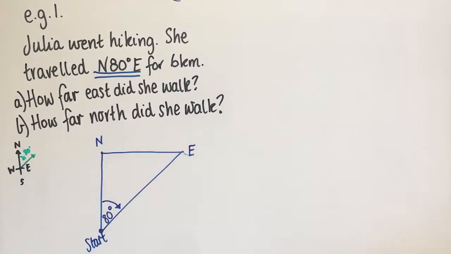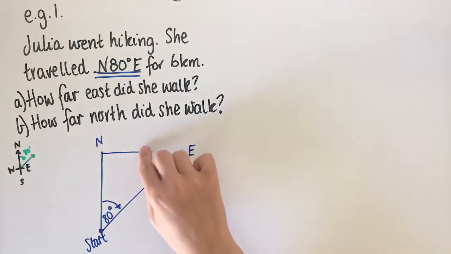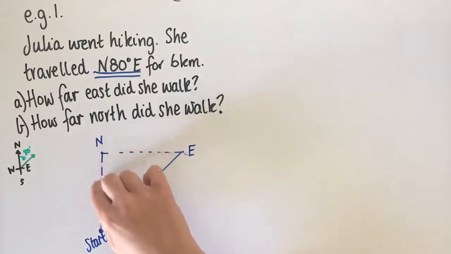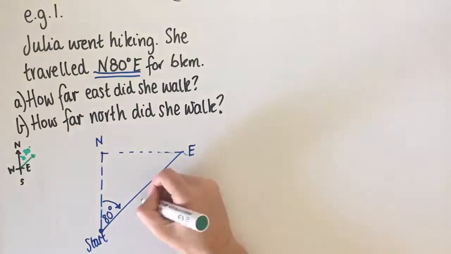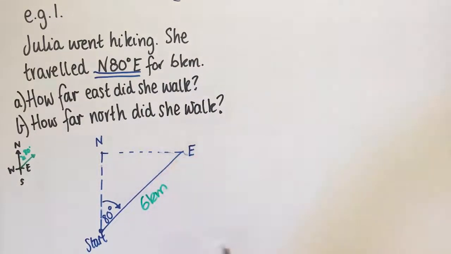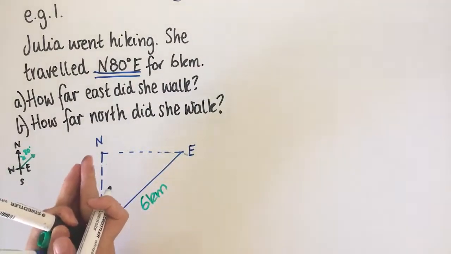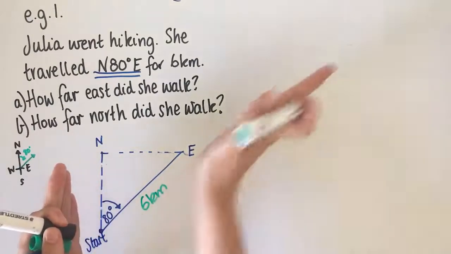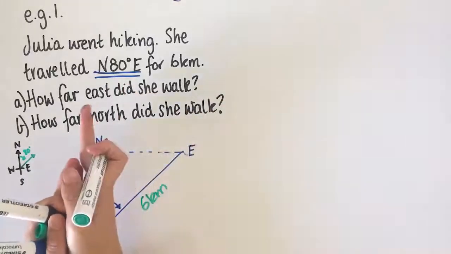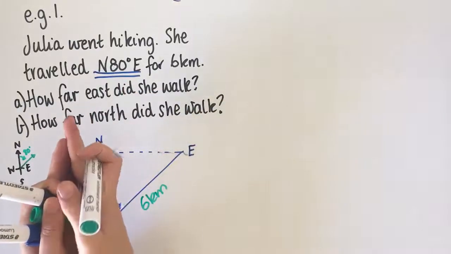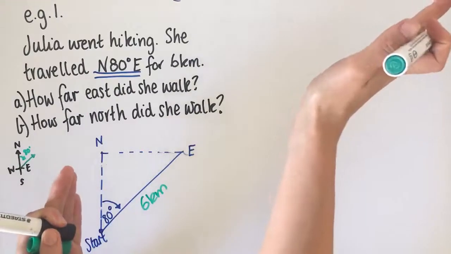So she's travelled in this direction. This is the part where she's walked. She actually hasn't walked here, so this is like a dotted line almost. Julia has walked 6 kilometres from the start. She's gone this direction, and we can tell that it's that direction because it's north to east 80 degrees.